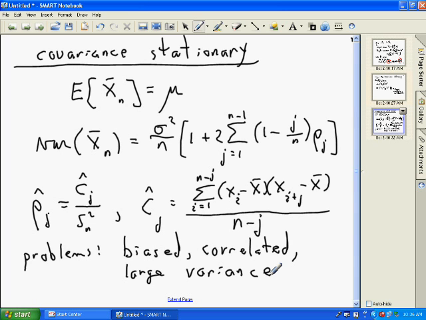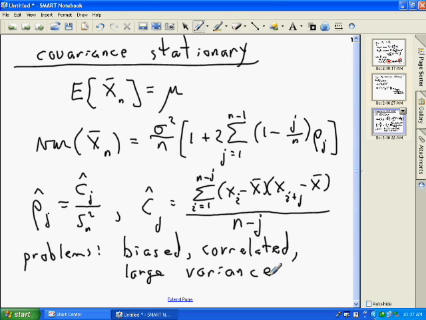If we wanted to get the n minus 1 lag correlation coefficient, there's only one data point that we can use for that, and so those are terrible estimates.